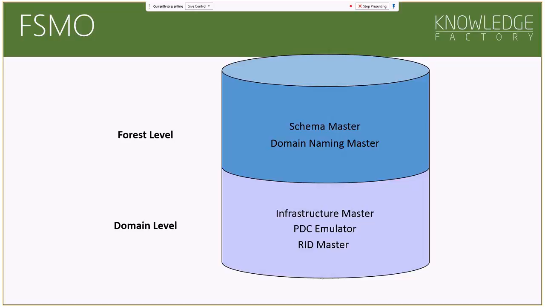And 3, add or remove cross-reference objects to or from external directories. Certain components of AD, like domain names, must be unique within the forest. The domain naming master achieves this by querying the global catalog server. And since Windows 2003, it can query a remote GC. There's no technical need for the domain naming master to be placed on a global catalog like it was in Windows 2000.